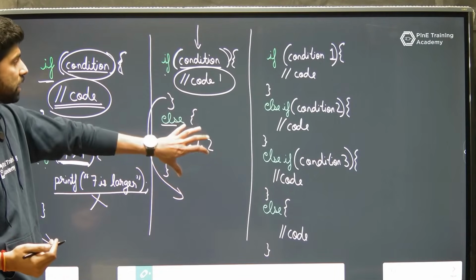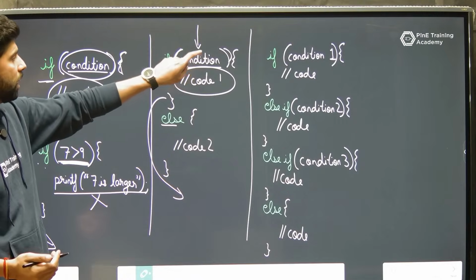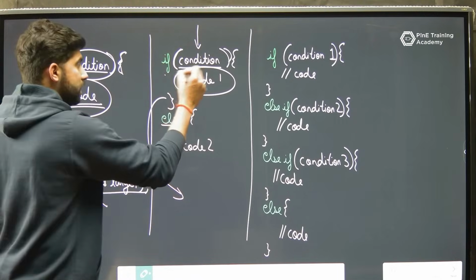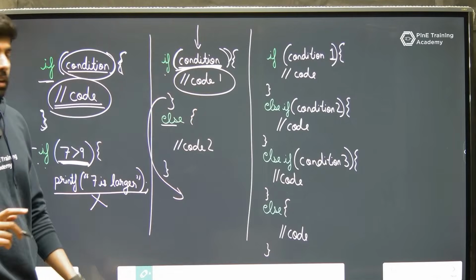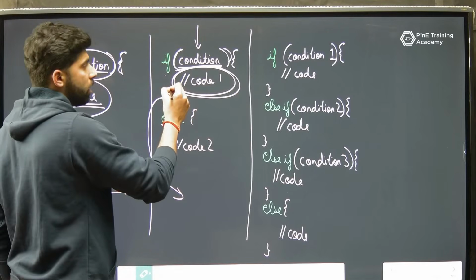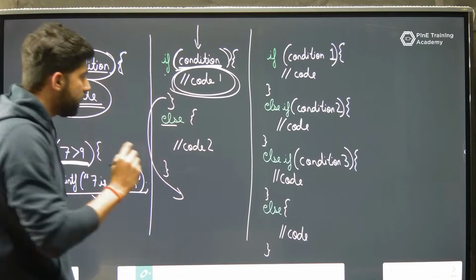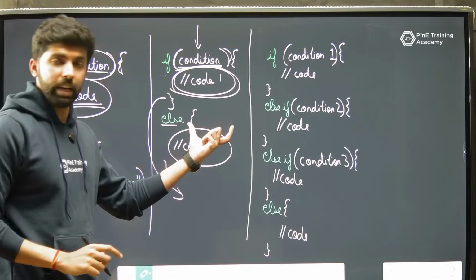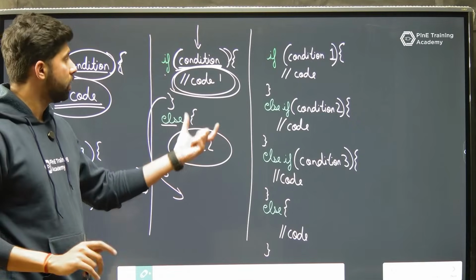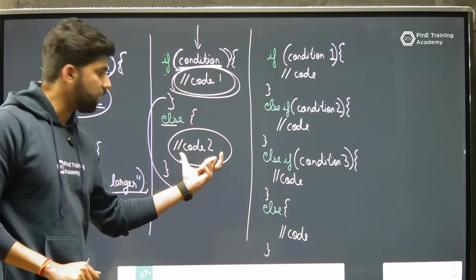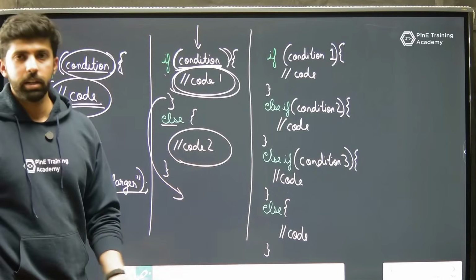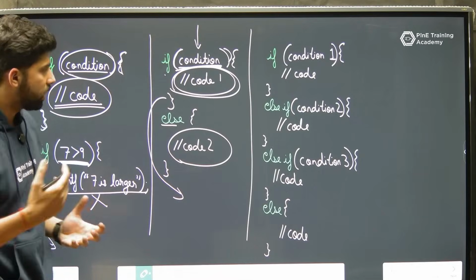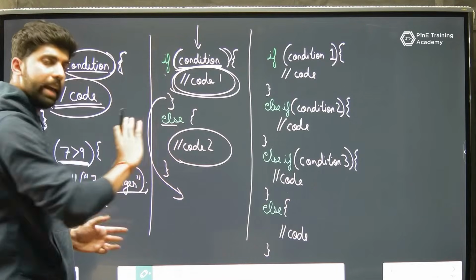But if this condition is false, we skip this code and directly run the code written in else, because we don't have any condition. We will not check anything. If this is false, we directly run this code and then come down. So this is if and else. Note that we can write if without else, right?